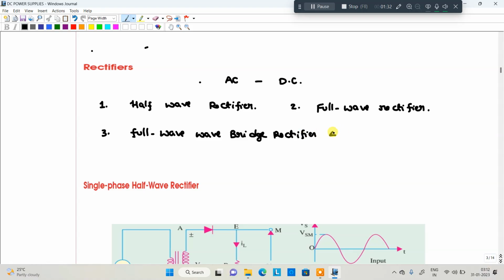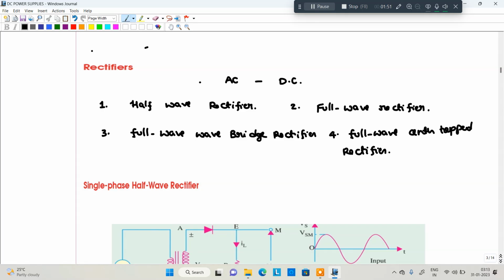And then the full wave center tapped rectifier. These are the rectifiers mentioned in your syllabus.